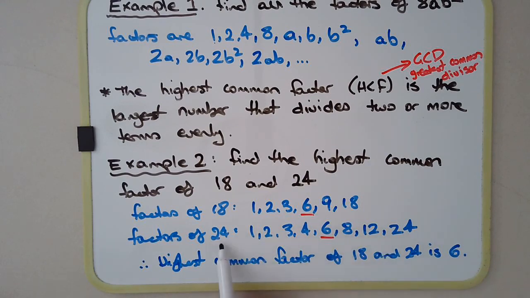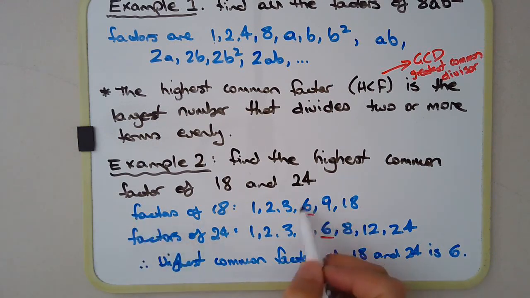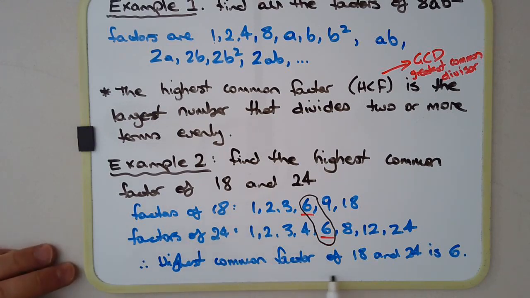All of those can divide 24. Which number is in common, and is the highest number in common between both? I've underlined the 6. 6 can divide 18 and 6 also divides 24. This is what we call a common factor, because it's the same for both of these numbers. Therefore, the highest common factor of 18 and 24 is 6.